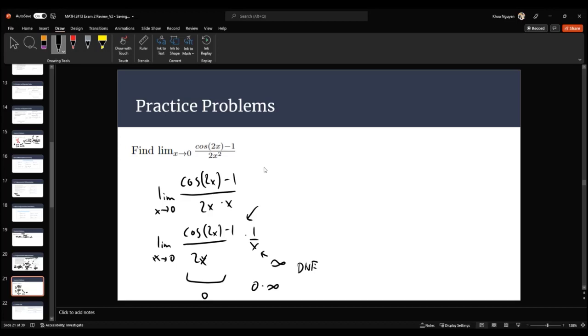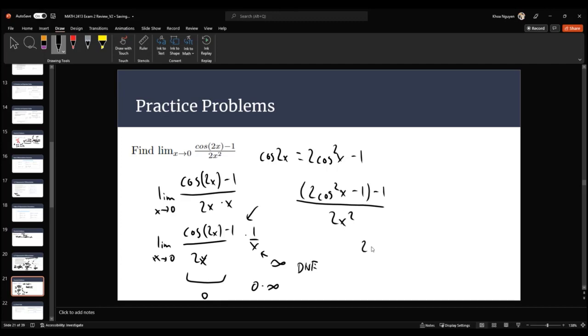And in this case, there's the identity cosine 2x equals 2 cosine squared x minus 1. And if you apply that property, you end up with 2 cosine squared x minus 1 minus 1. So remember, I'm substituting cosine 2x. And then divided by 2x squared.